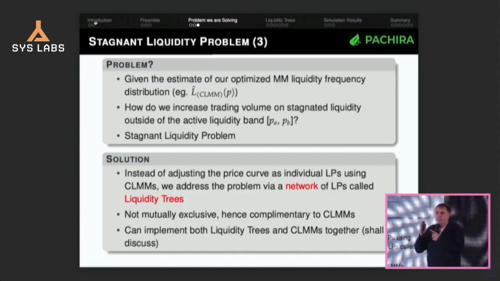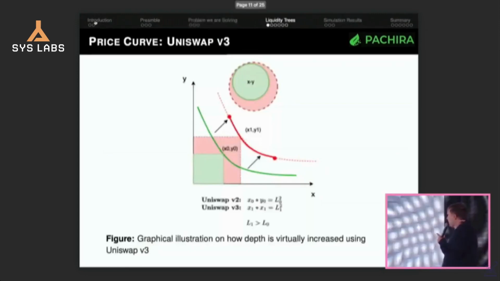And we at SYS Labs believe this will be the next epoch of DeFi, much like Uniswap V3 was the first epoch of DeFi. We believe this will be the next. So, like I said, you can implement both liquidity trees and CLMMs together.